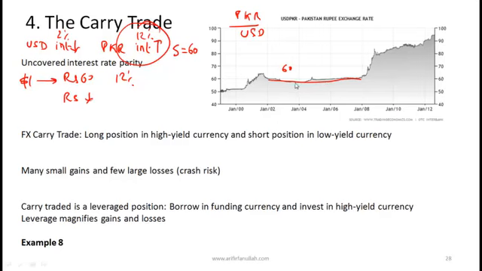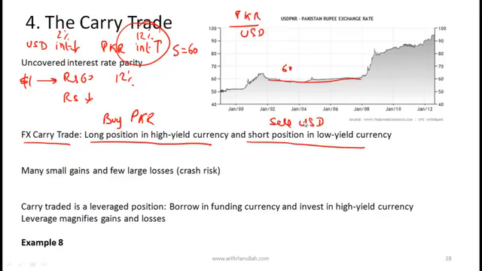And this trade that I just referred to is called the FX carry trade, where an investor would take a long position in the high yield currency. In my example, the investor would buy rupees, and a short position in a low yield currency, where essentially the investor is selling US dollars.